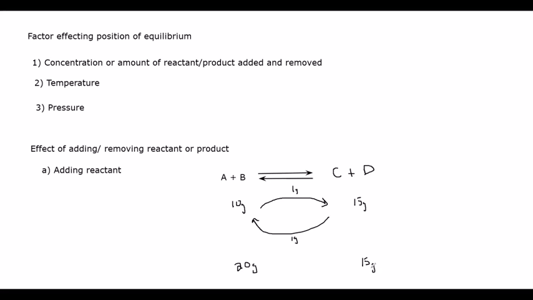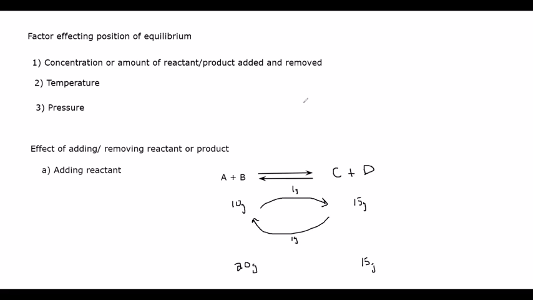Which one will be faster, forward or backward? If you use more reactant, which reaction will occur at a faster rate, the forward reaction or the backward? The rate of the forward reaction increases.